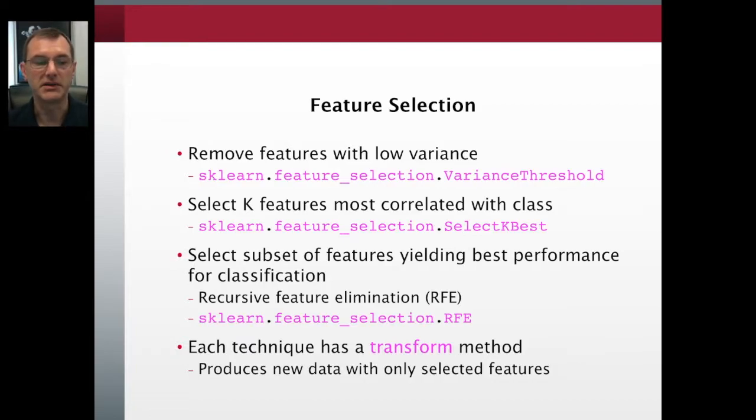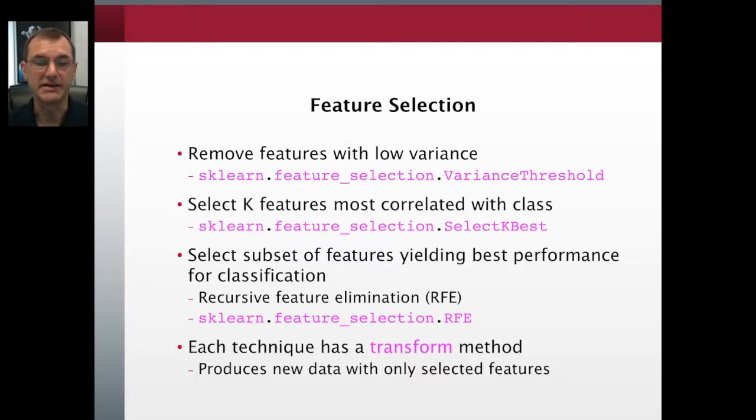In particular, one technique in scikit-learn called recursive feature elimination basically systematically removes one feature at a time, as long as removing that feature doesn't degrade performance. And once it has eliminated all of the features that don't have a negative effect on performance, then the features that are left are generally a better set of features.